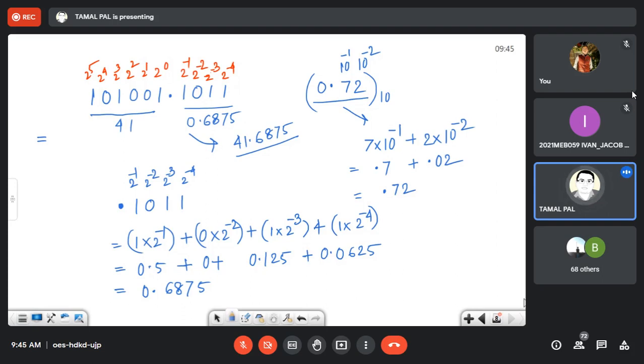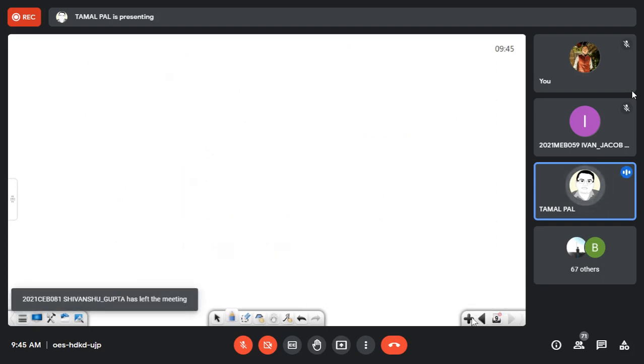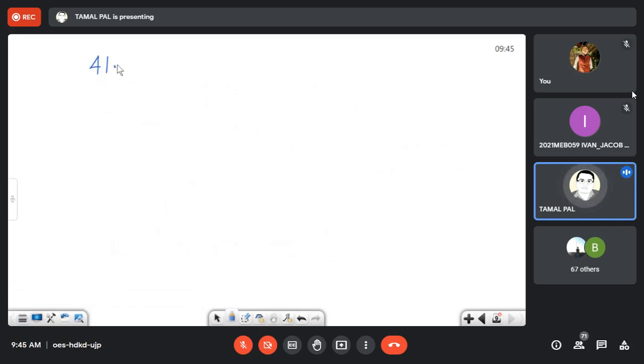Now similarly, I will show how I can convert the same thing into an octal number and a hexadecimal number. Let's say this is decimal and I am trying to convert it into octal. So what is the rule? You divide by 8.